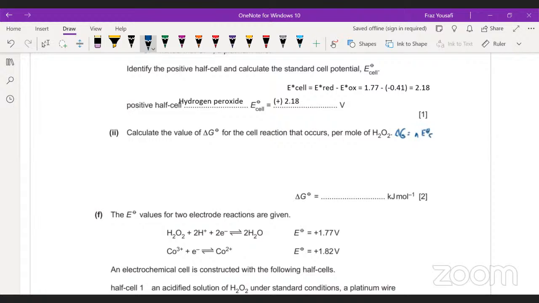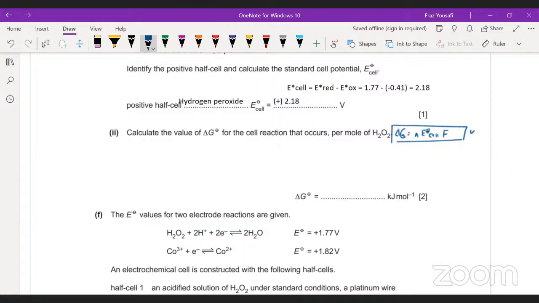So your E naught cell times the Faraday constant. This is what your delta G would be. Now, remember that this delta G would be calculated in joules per mole. That is one point that you cannot forget, so that when you write the answer at the end in kilojoules per mole, you do it correctly.